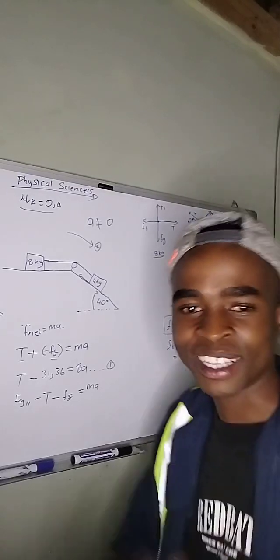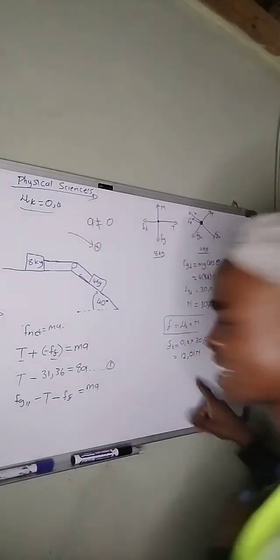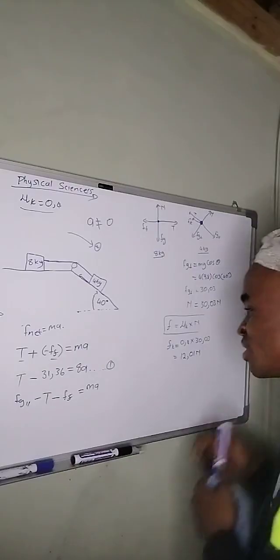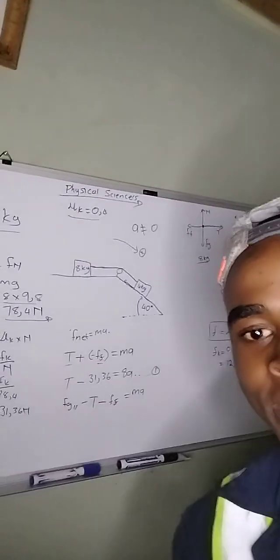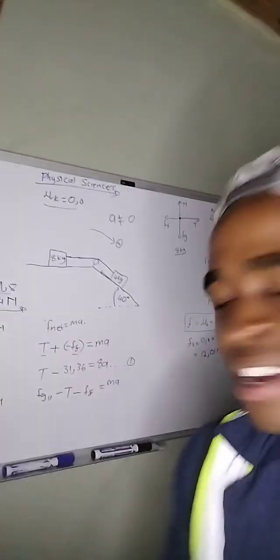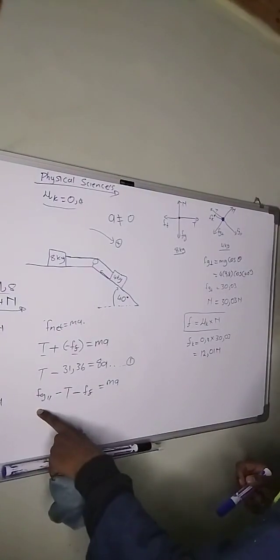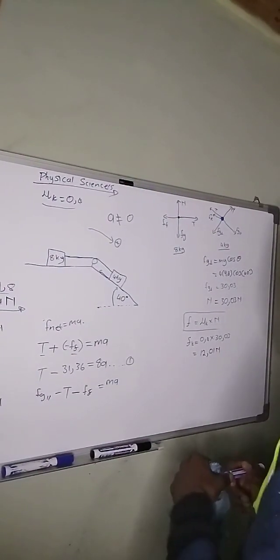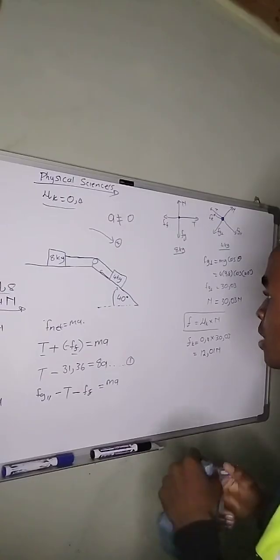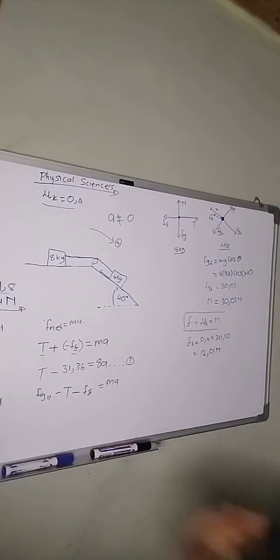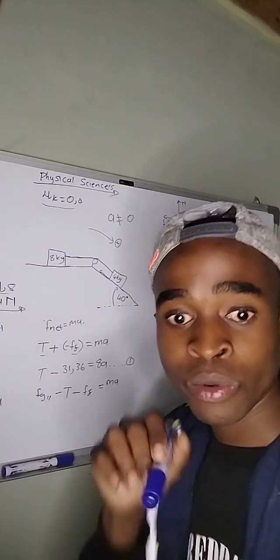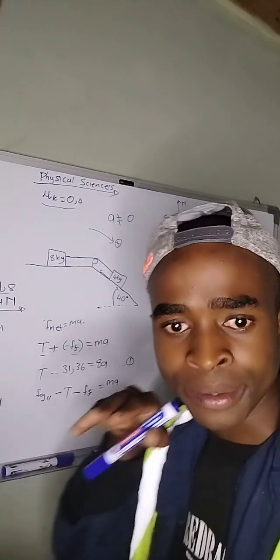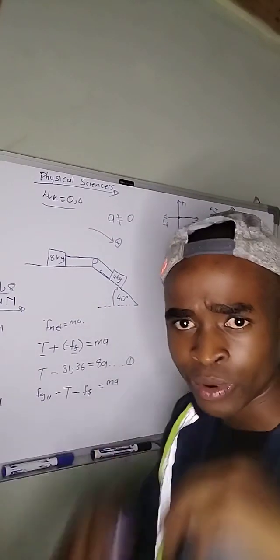But it's fine. So the answer is 12,01, so we are coming back. We have to get the FG parallel. Remember, when we go parallel, we use sin.